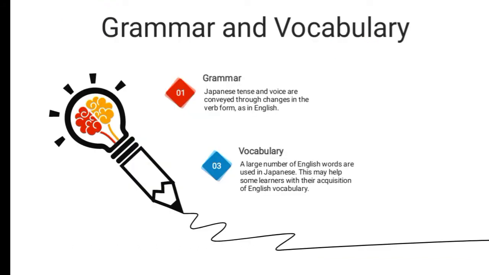The next is grammar and vocabulary. In grammar, Japanese tense and voice are conveyed through changes in the verb form as in English.